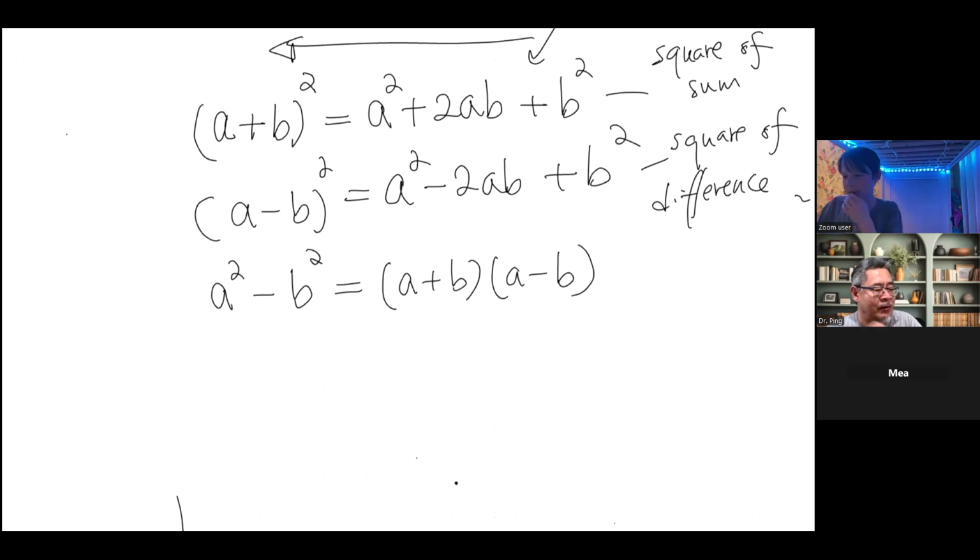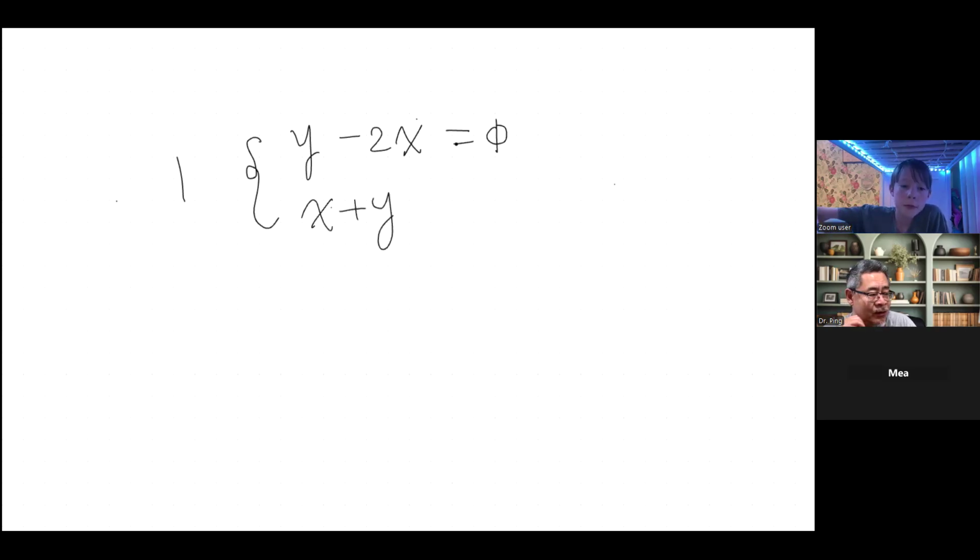Okay, for example, what we got here is y minus 2x equal to 0, and the other one is x plus y equal to 6. Now this is called a system of equations.